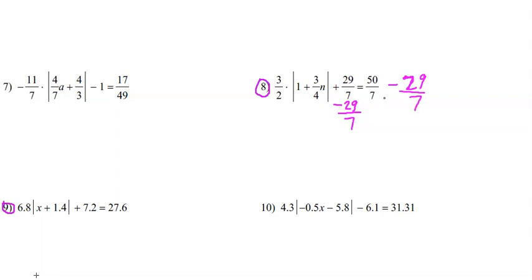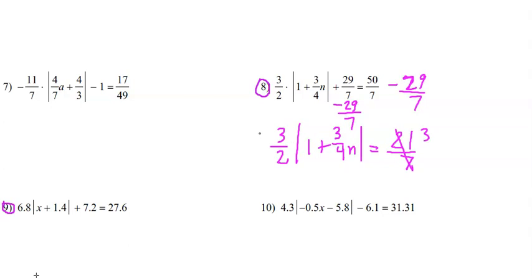These have the same denominator, so you could just subtract 50 minus 29. 21 over 7 is the same thing as 3.